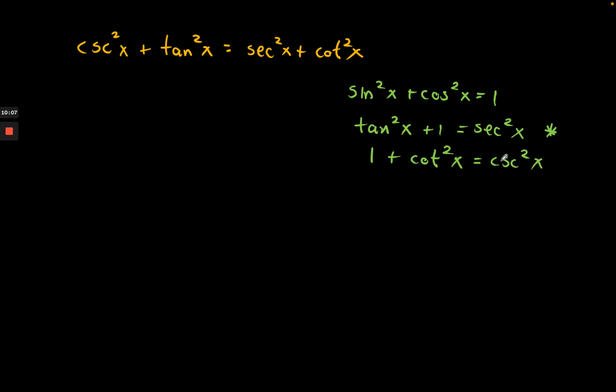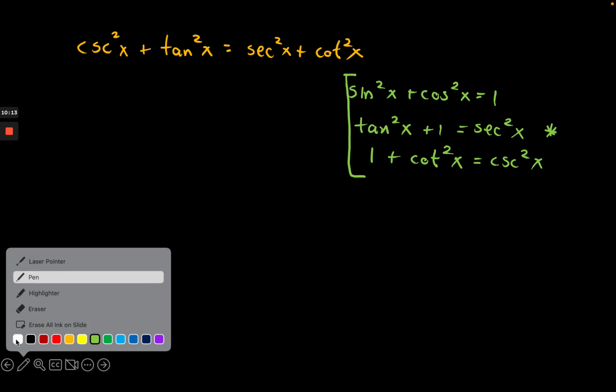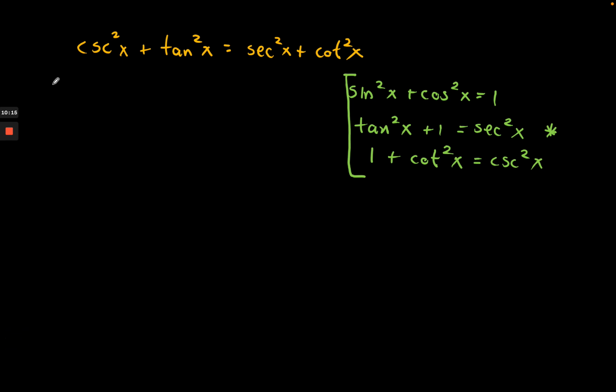So I think I want to try to work with these and prove the identities from that direction. So let's see, cosecant squared. Cosecant squared is the same thing as 1 plus tangent squared x. I'm sorry, not tangent, cotangent.